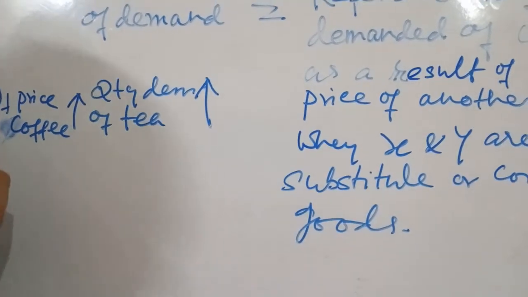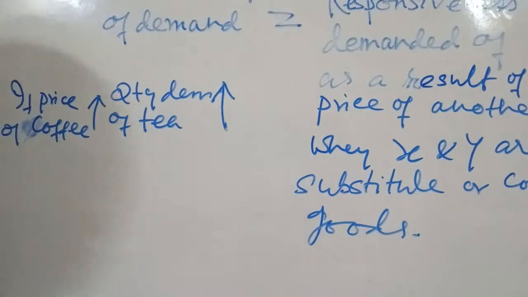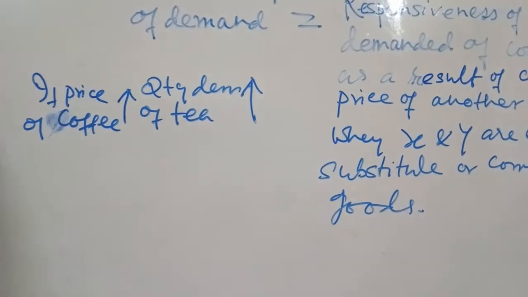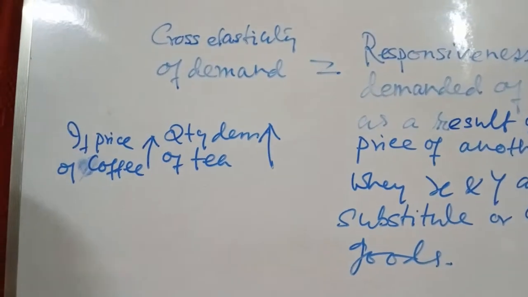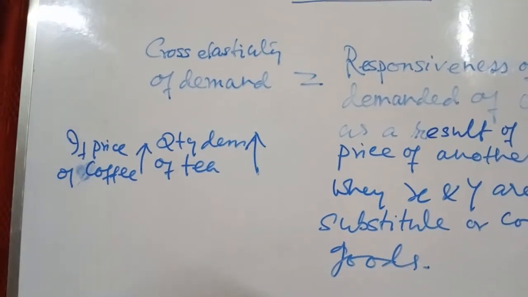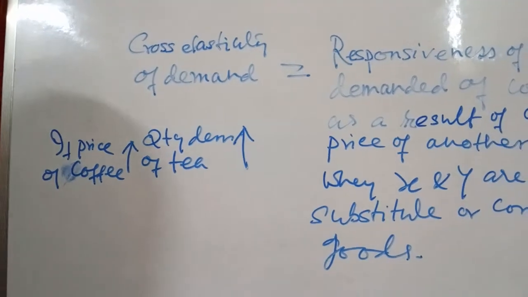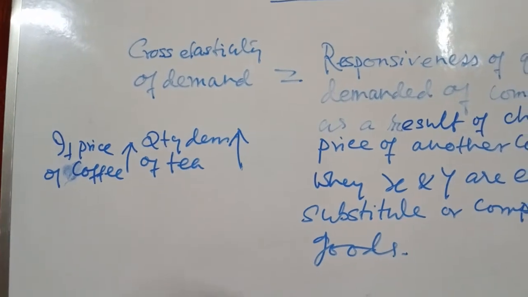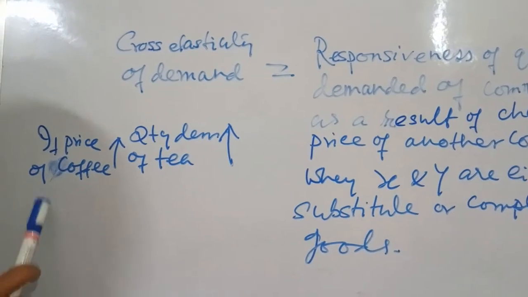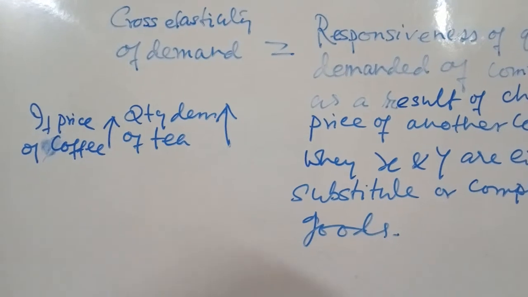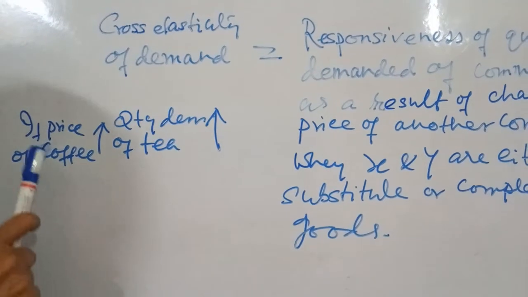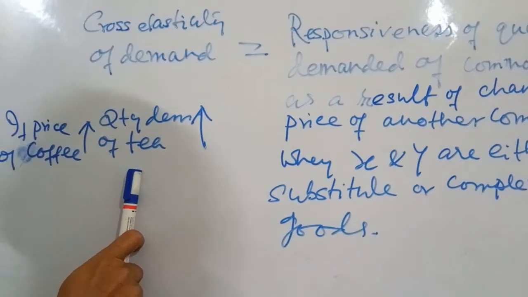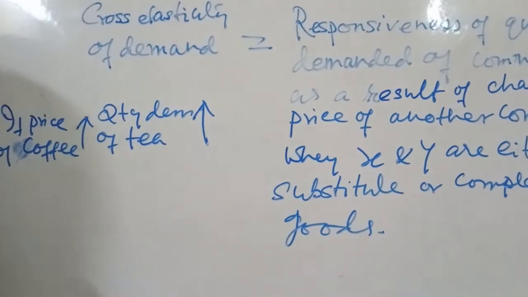Because tea and coffee are substitute commodities and a consumer can, with reasonable degree of satisfaction, substitute tea for coffee or coffee for tea. So when the price of coffee is increasing, the consumer will decrease consumption of coffee and increase consumption of tea because he can easily substitute tea for coffee.